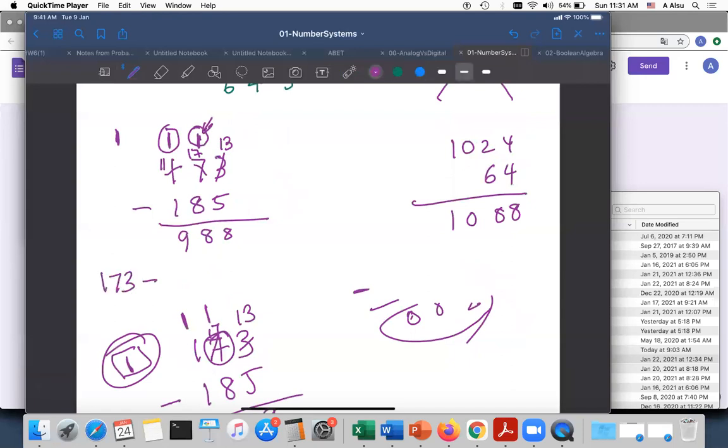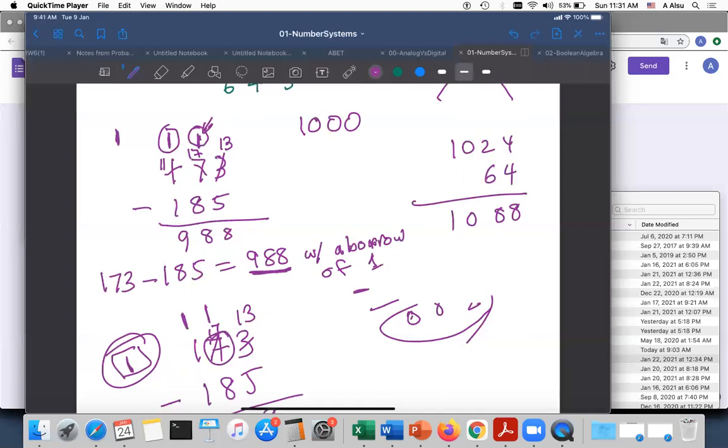173 minus 185 is nothing but 988 with, let's say like this, a borrow of 1. Okay, and when you say with a borrow of 1, it means that the borrow is 1 followed by a number of zeros equal to the length of the answer, okay? 1000.